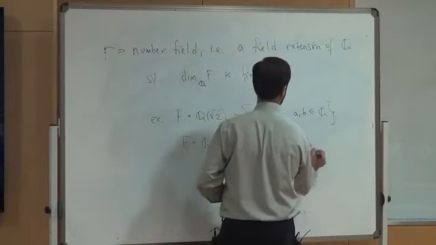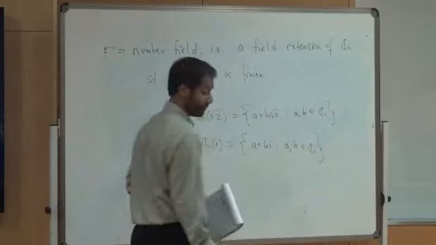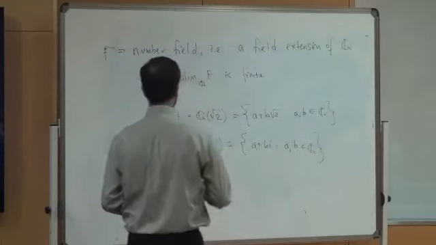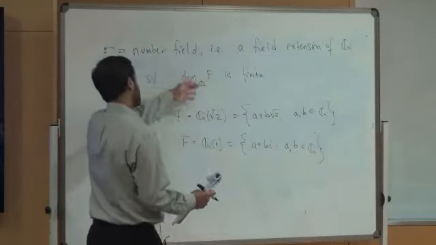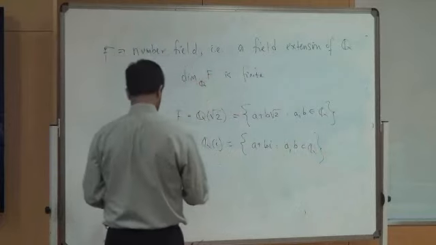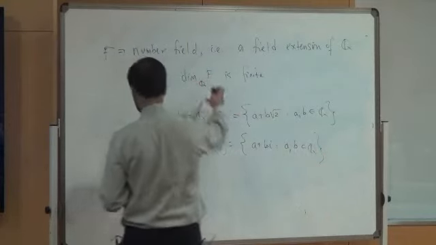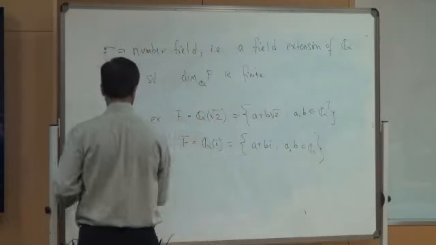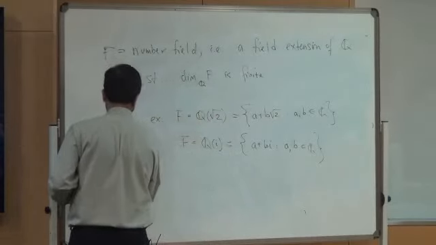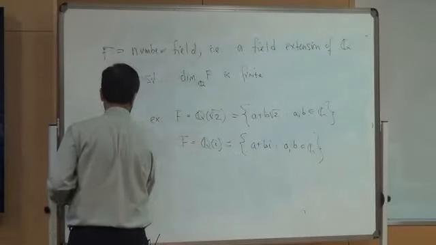Here i is the usual square root of negative 1. So these are two examples of number fields. Q itself is a number field, and these are two examples of quadratic number fields, meaning the dimension is 2. Now, given a number field, we have its associated ring of integers.